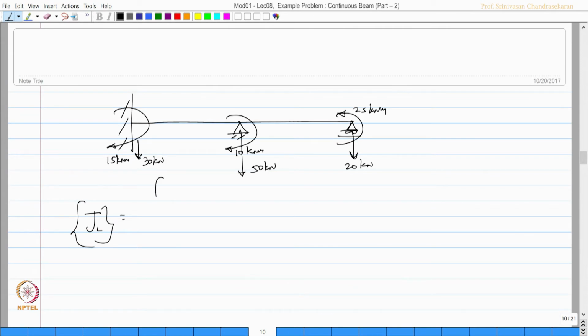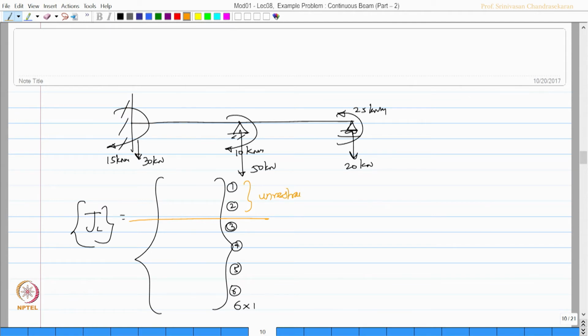The joint load vector will have 6 rows and 1 column. The degrees of freedom are 1, 2, 3, 4, 5 and 6, out of which there is a partition, because these are unrestrained degrees of freedom and these are restrained degrees of freedom.